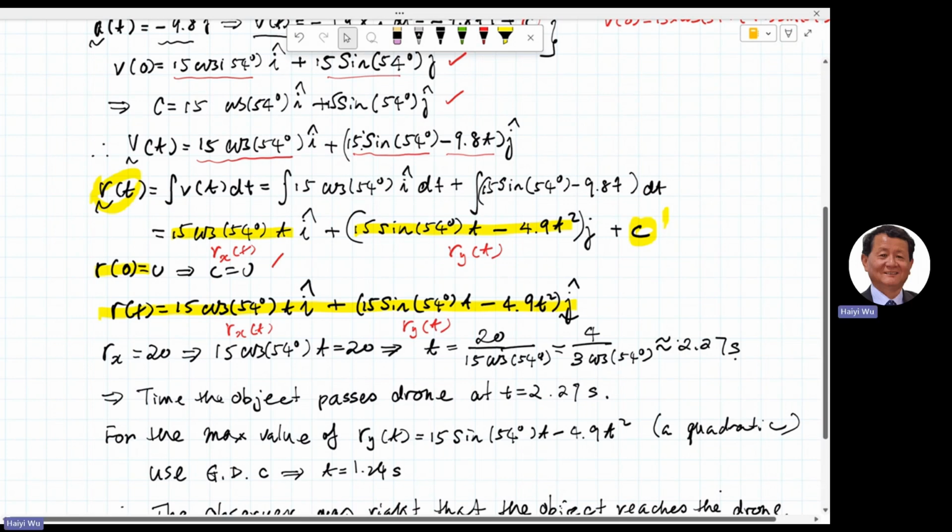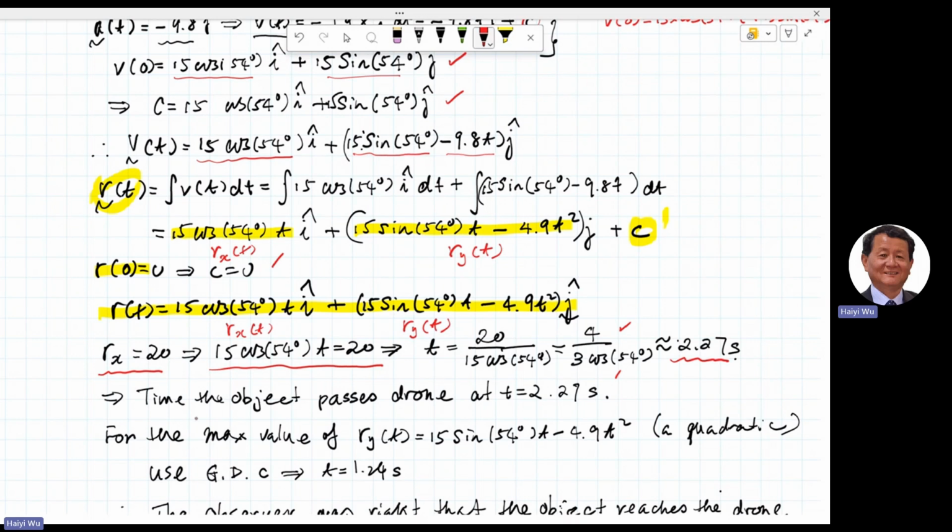Now we understand that the observer is standing horizontally at 20 metres. So we can solve for the time using the x component: 15 times cosine 54 degrees times t equals 20. Using the graphics calculator, we find t is roughly 2.27 seconds.